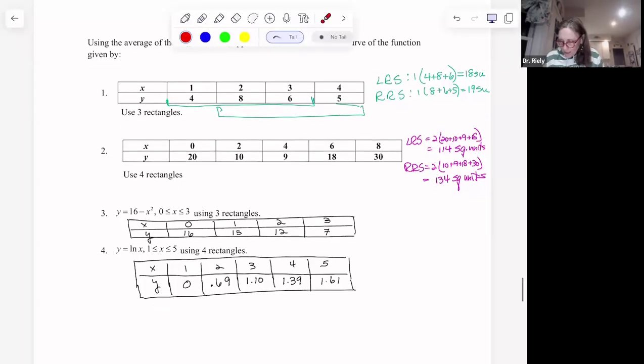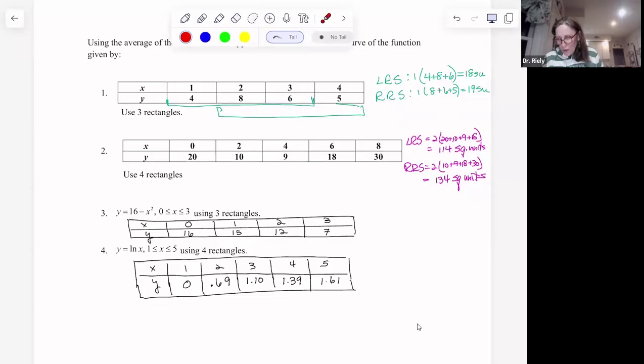Okay, all right, so let me go back to sharing my screen so I can show you how you're going to set this up. So what I did was I drew my rectangles.